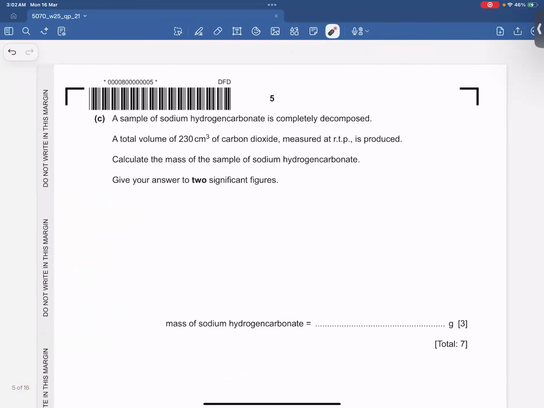A sample of sodium hydrogen carbonate is completely decomposed. A total volume of 230 cm³ of carbon dioxide measured at RTP is produced. See, I've told you in the class, when we have volume at RTP, then we can find the moles of the gas. So my first step here is the moles of carbon dioxide.